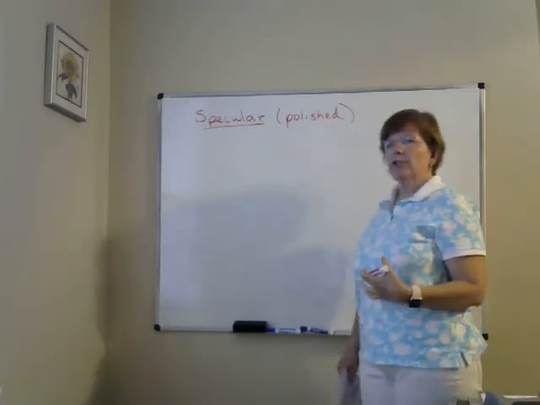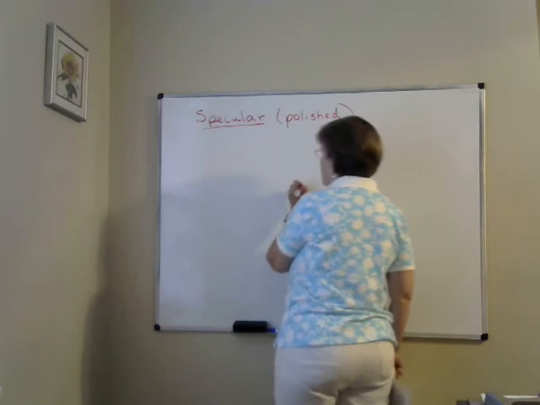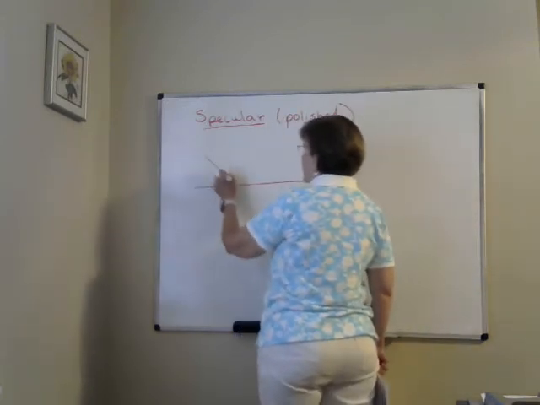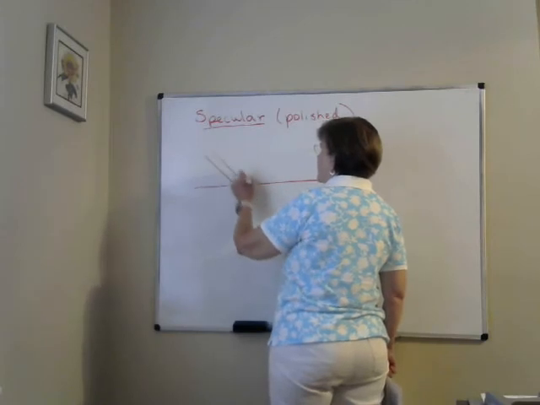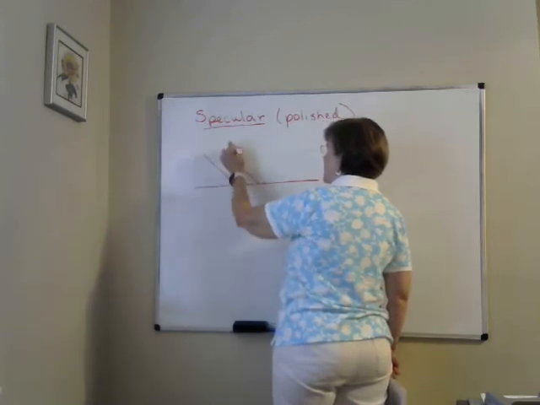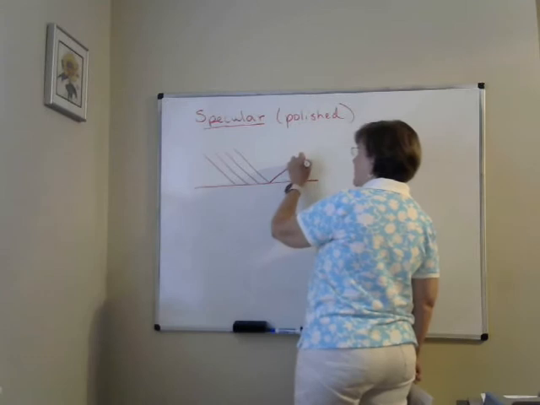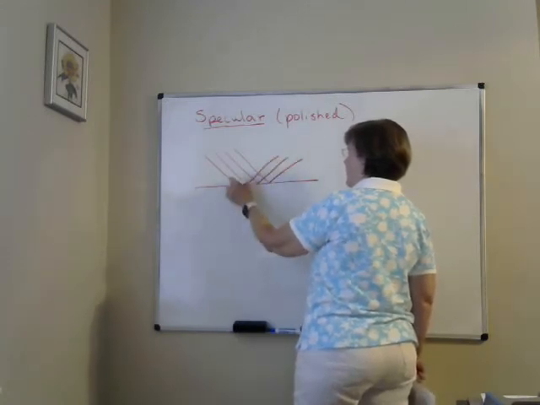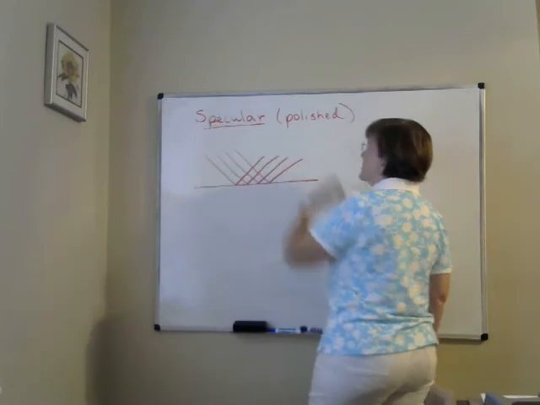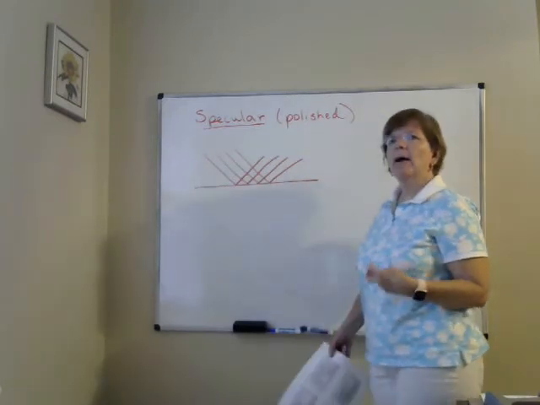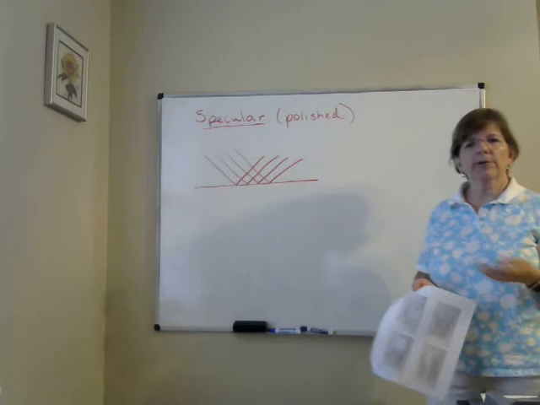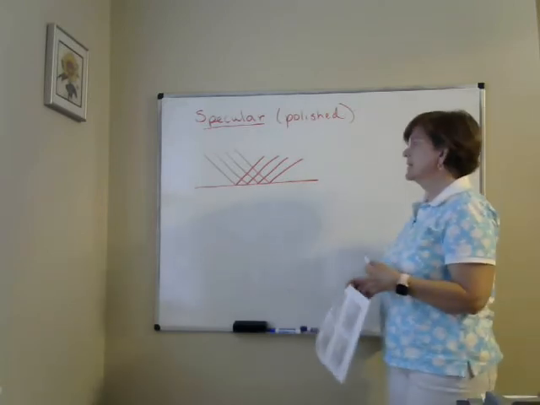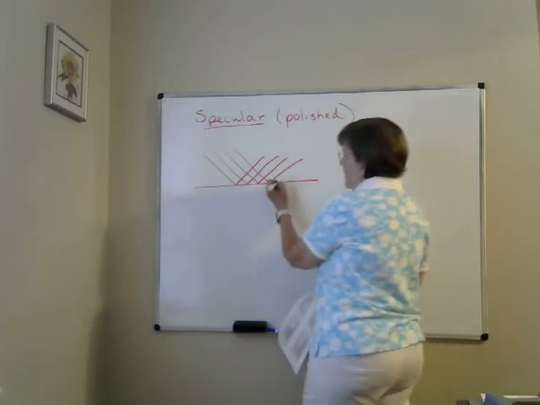Specular reflection allows you to have a surface smooth enough that if you had a bunch of parallel light rays, they would in fact all reflect parallel. Specular reflection is what allows us to form clear images. So that brings up the question, well, how smooth is smooth enough? Because this can't be perfect.